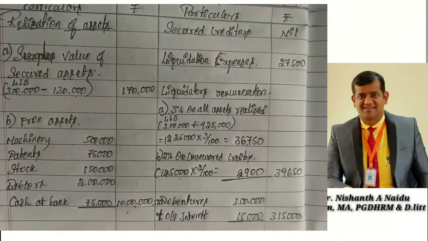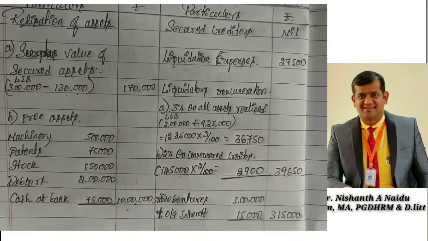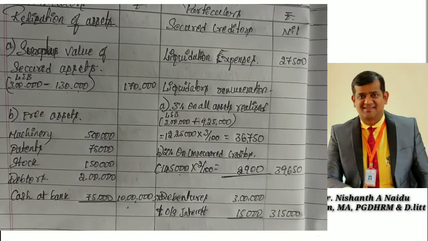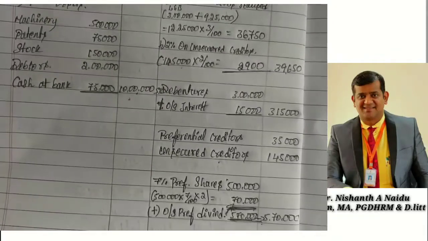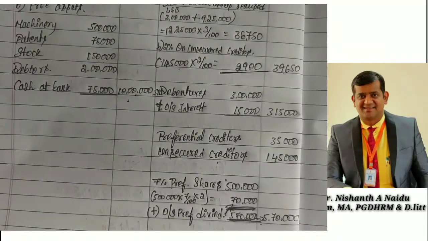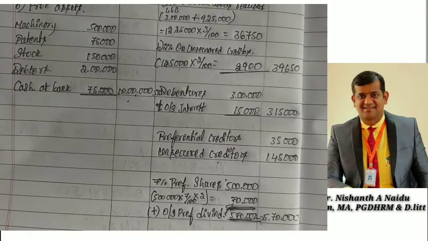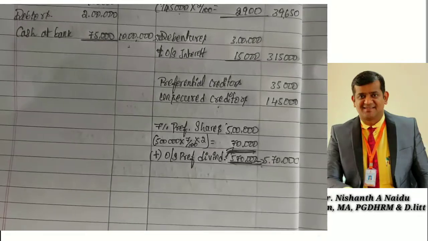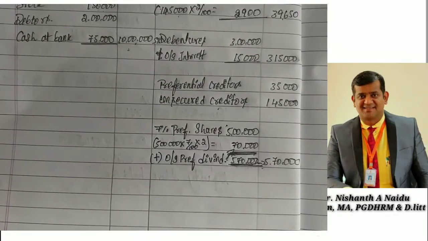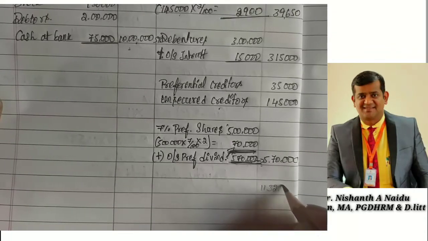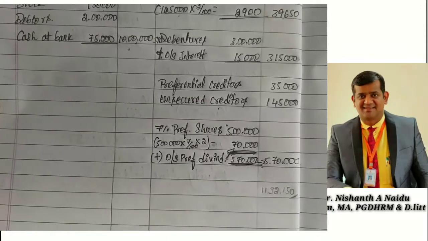If you look at the amount settled: 27,500 plus 39,650 plus 3,15,000 plus 35,000 plus 1,45,000 plus 5,70,000. So the total amount we have settled so far is 11,32,150 rupees.